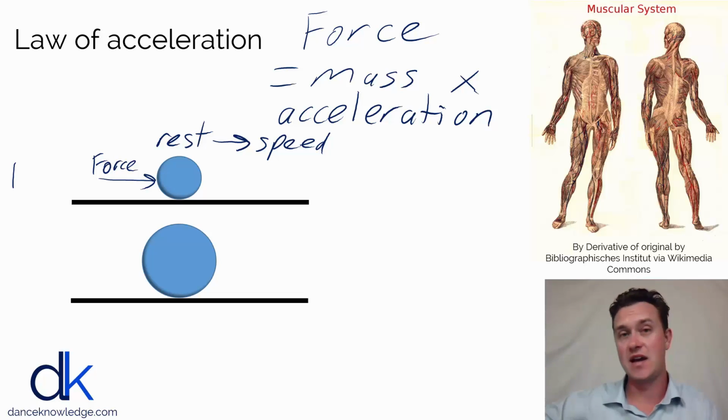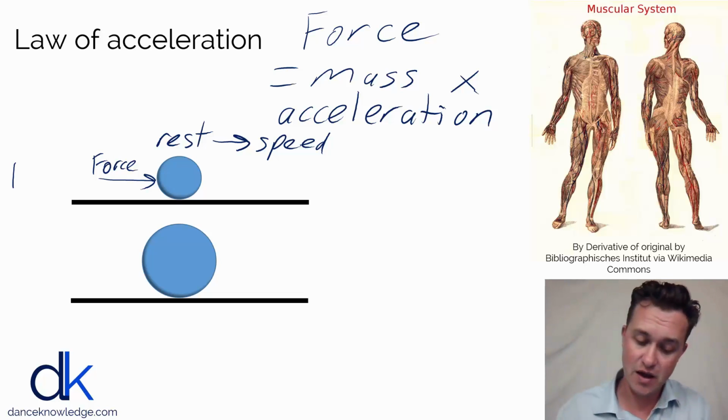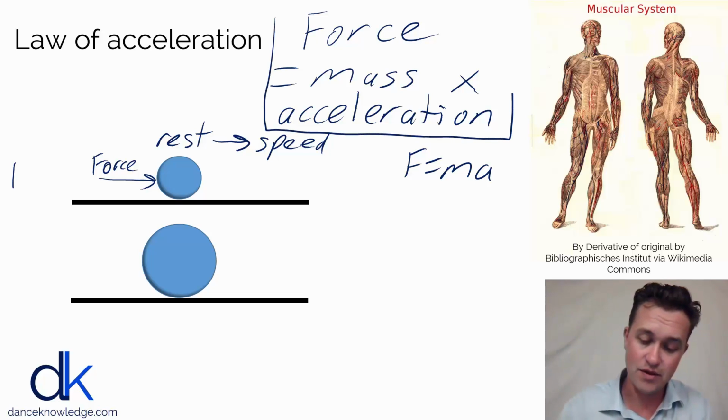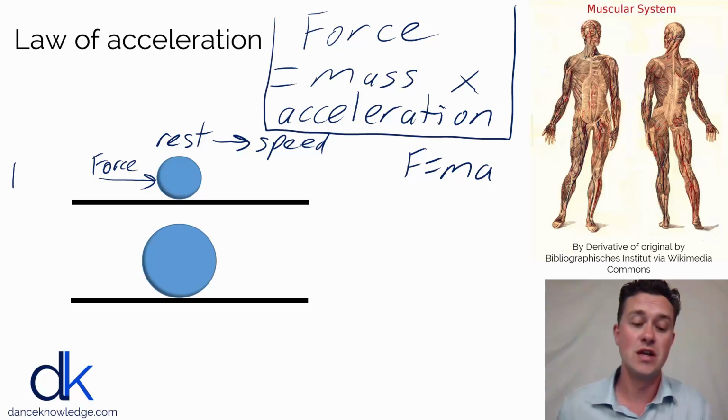That means it has accelerated, it's sped up. So as a result of the force, the mass has accelerated. And hence we have this equation, which you'll often see referred to as F equals ma. It is exactly the same thing as force equals mass times acceleration.